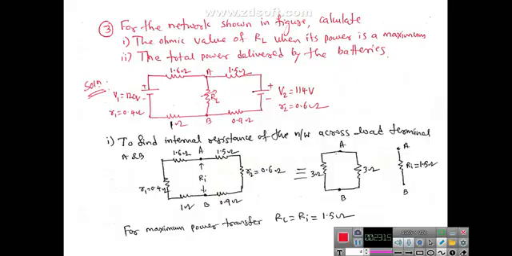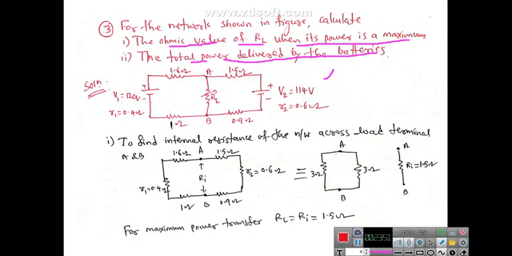Now consider another example, the network shown in the figure. So this is the network. Calculate the ohmic value of RL, that means the resistance value of RL, when its power is maximum, and the total power delivered by the batteries, because in this network you have two voltage sources.